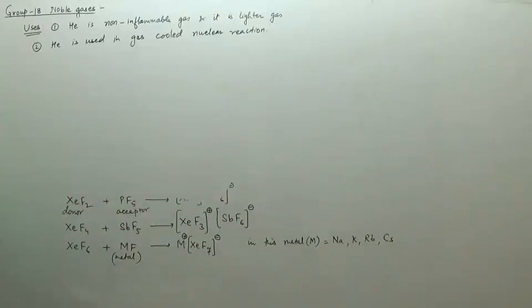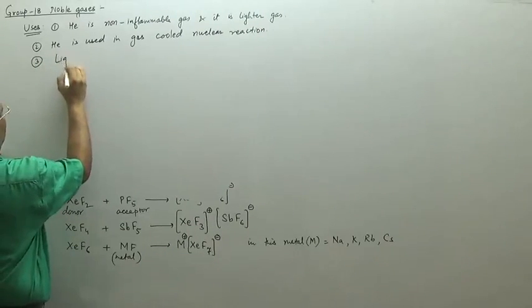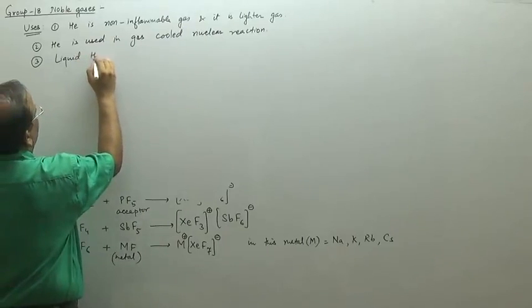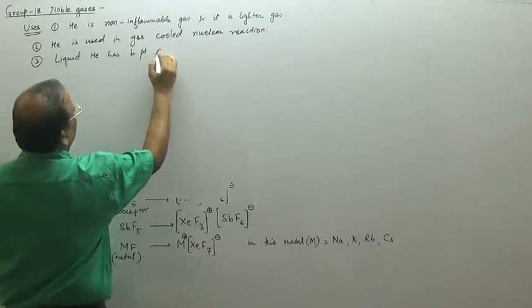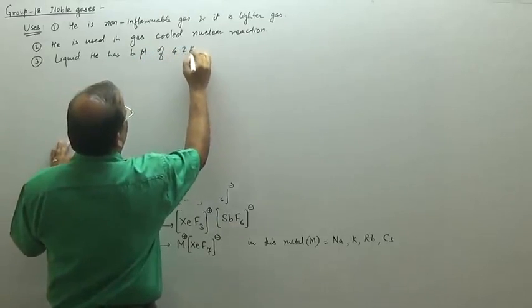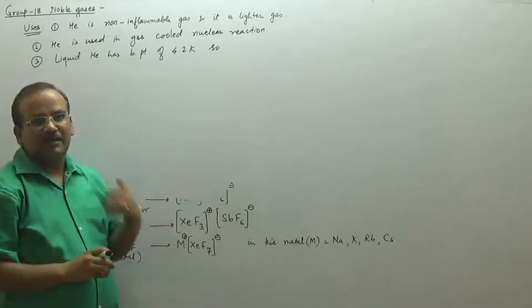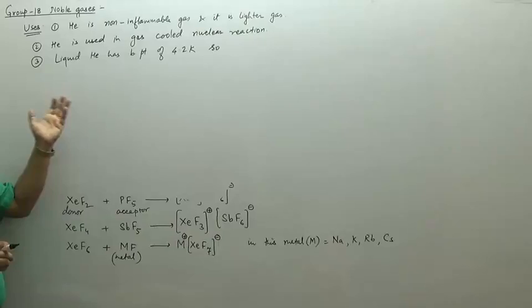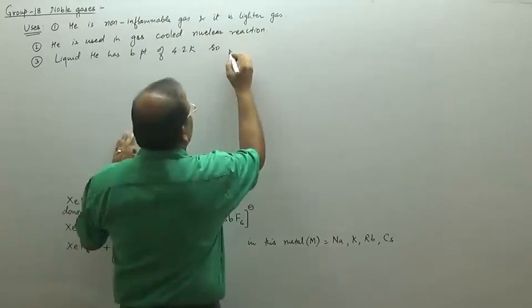Next we can write liquid helium. Liquid helium has a boiling point of 4.2 Kelvin. So it is used to make cryogenic conditions, because the boiling point is so low. It is used as a cryogenic agent in reactions at low temperature.